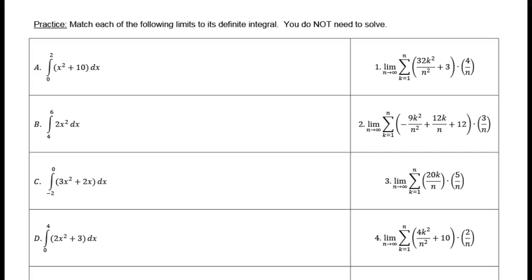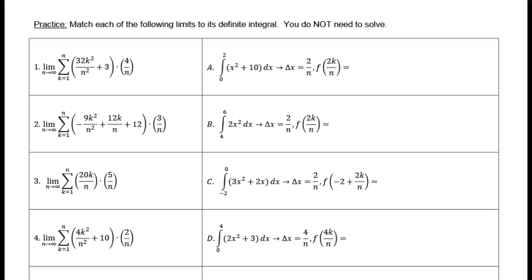There's a little bit of room in each of these boxes for you to work out some things, and perhaps in a few minutes you'll see what you would even work out. And then on the back side of this, you're going to see the following. Match each of the following limits to its definite integral. It's kind of the reverse of what you did before. This time you're given a bunch of information about a bunch of different limits, and you have to pick the definite integral that matches it. So it's kind of the same process, just working backwards.